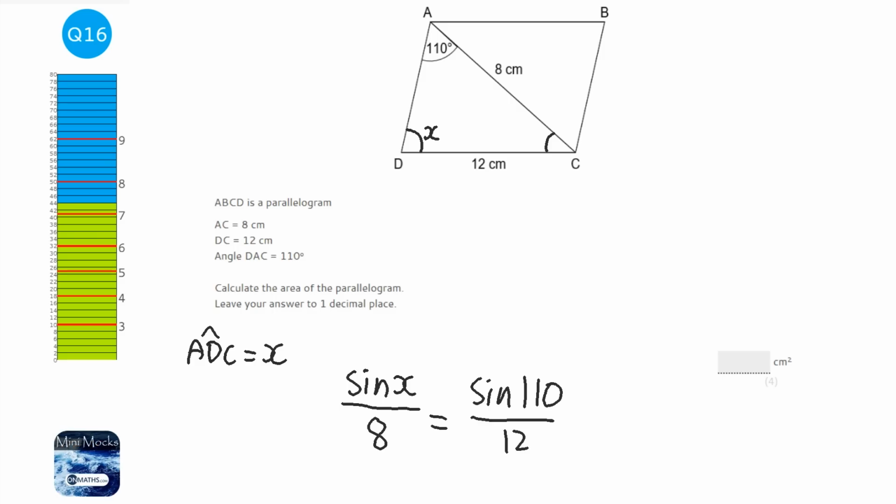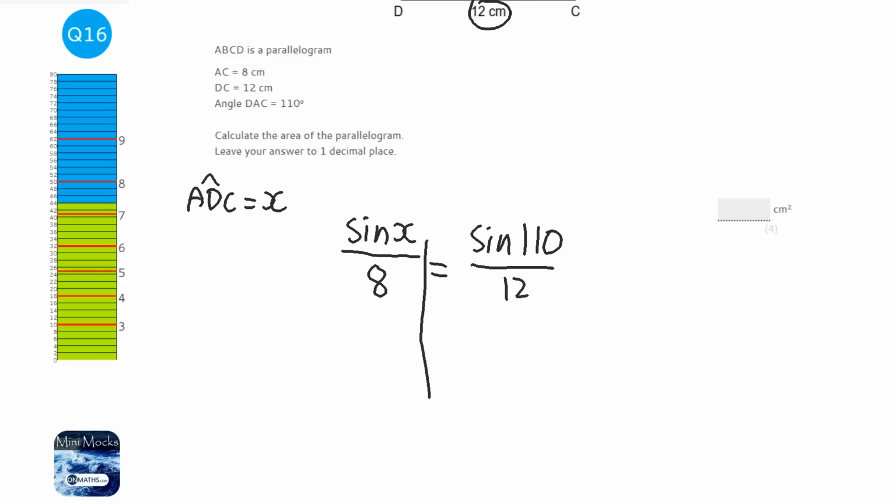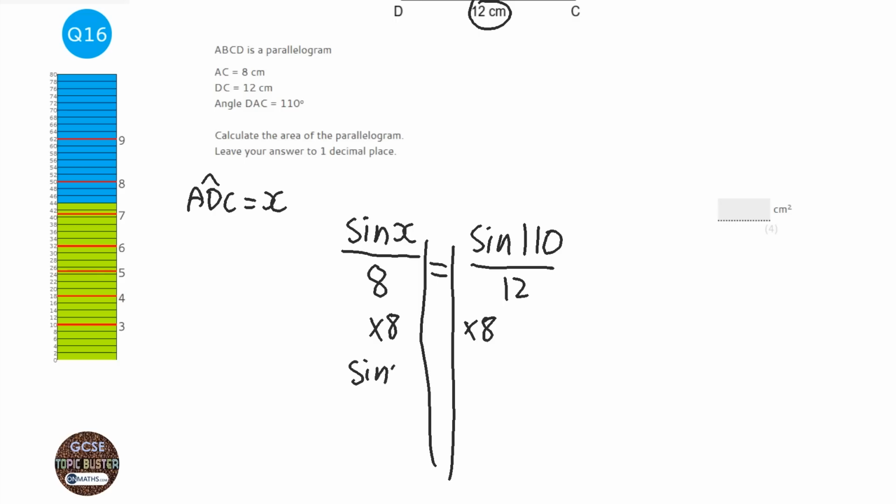And the reason it has to be that way around is obviously sine matches up opposite angles and lengths, so it's going to be those two and those two. So first thing I'm going to do is just times both sides by 8. So it's going to be sine x equals 8 sine 110 over 12. And then what I'm going to do is inverse sine both sides.